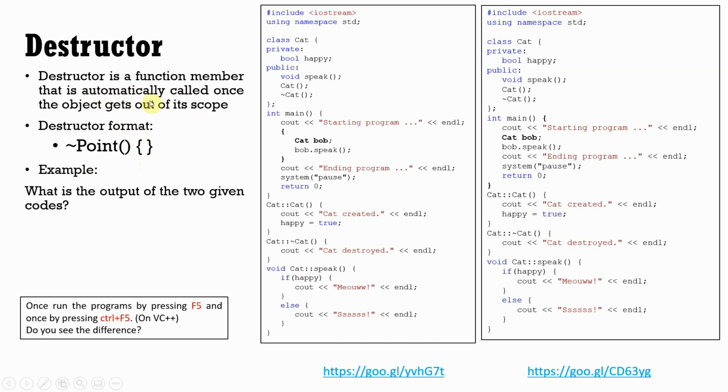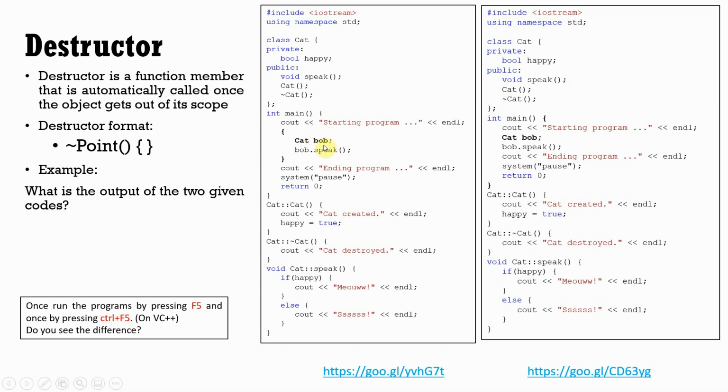Here again, I provided two examples that are very similar, but I wanted you to first figure it out and guess what the output is going to be. Here you can see that we have an object called Bob of class Cat. When is this object going to call the destructor?